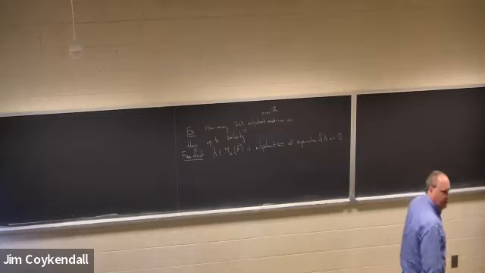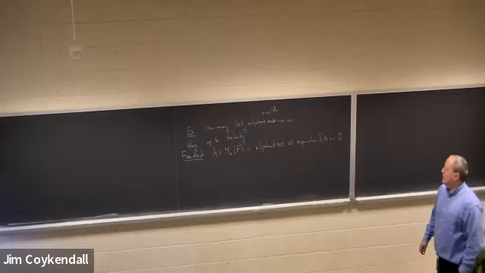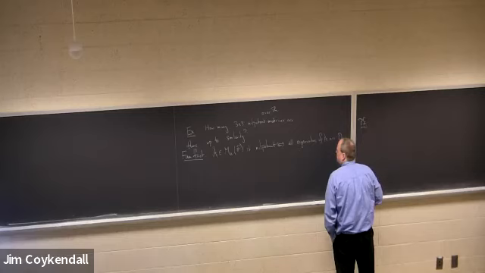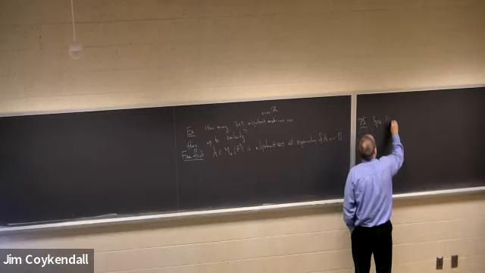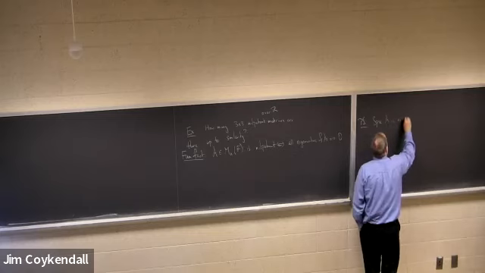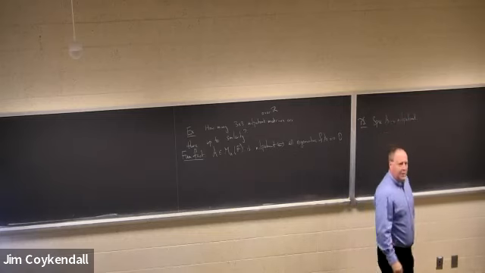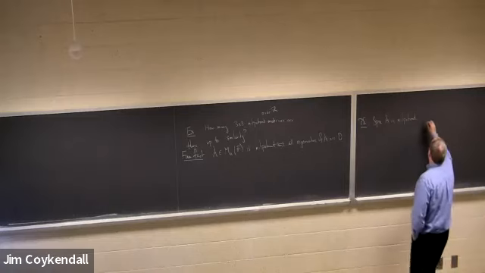How many of you have seen this before in your travels? Well, let's prove it. Let's try to get to the bottom of it. Let's suppose A is nilpotent. Somebody remind me what that means. Some power of A is zero.